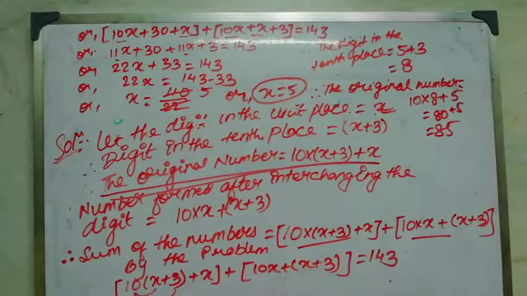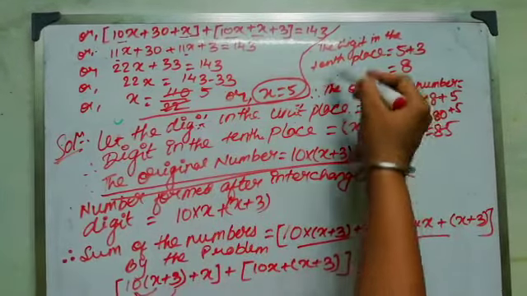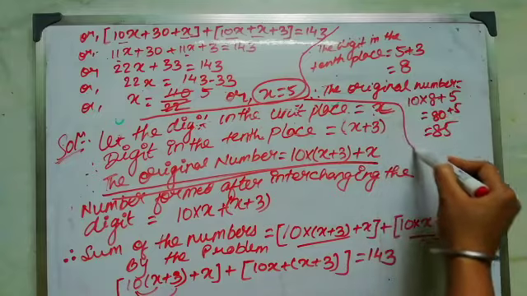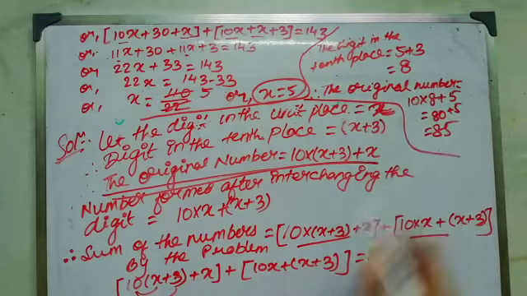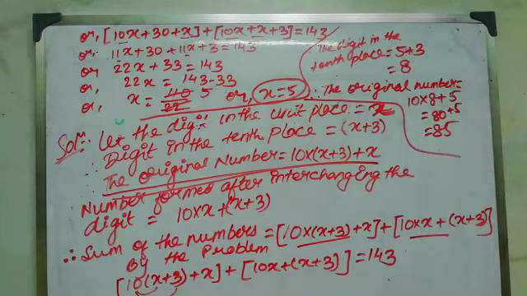Hope no confusion here. This was my first part, then the second part, and this is the third part where I am getting my original number as 85. Then how can we write the answer?